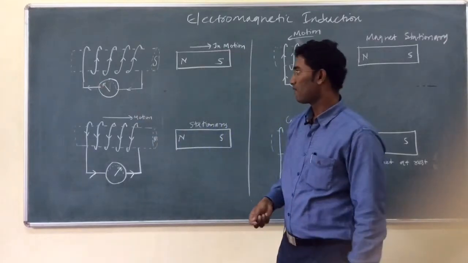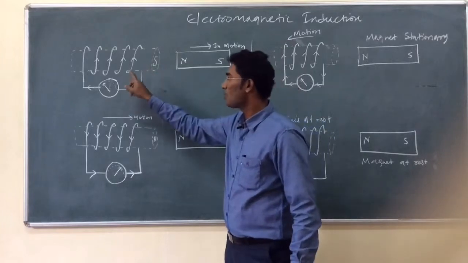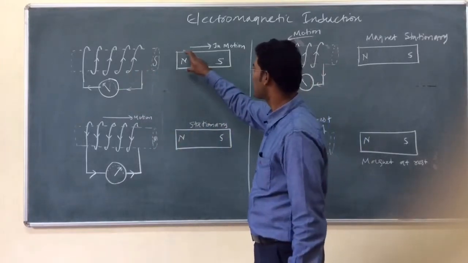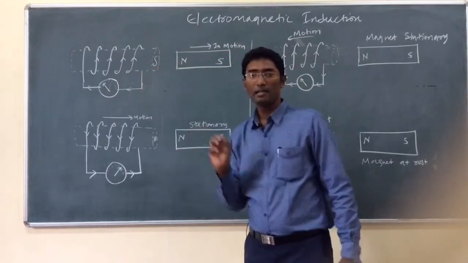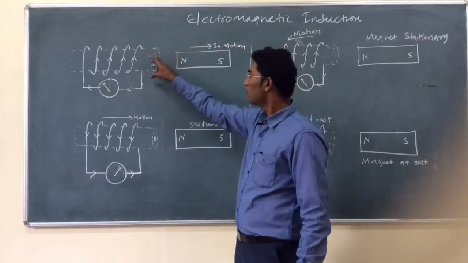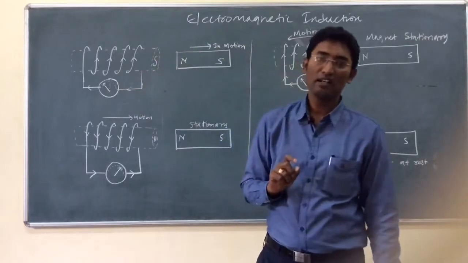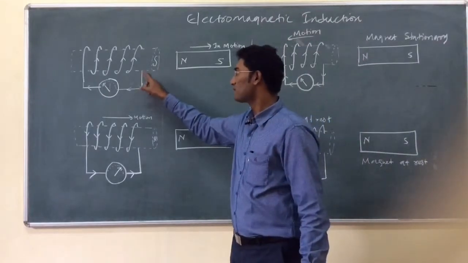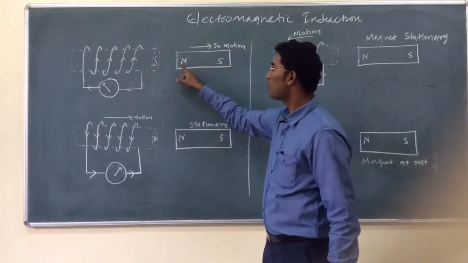You can see the deflection in the galvanometer. Students, try to understand, this deflection was seen only as long as the magnet was moving away from the coil. I repeat, when the magnet was moving away from the coil, there was deflection in the galvanometer, and this is the direction of current produced when the north pole moves away.